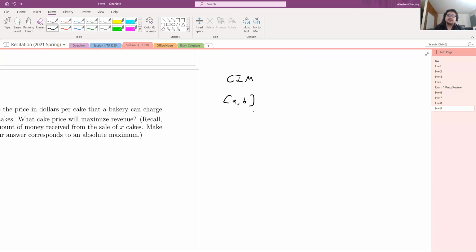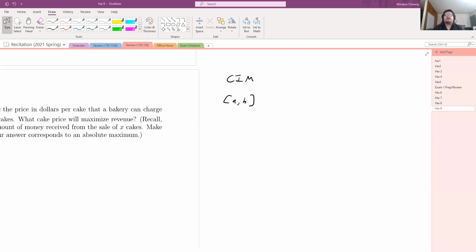You would know that is the absolute min or max because all the possibilities are listed there. So the closed interval method is one of the approaches.